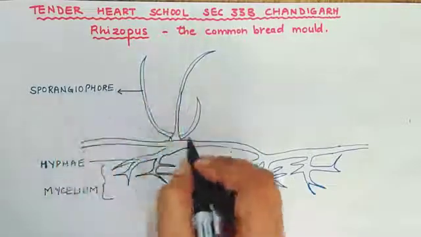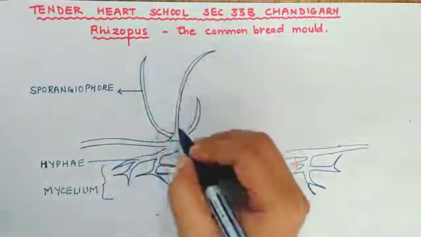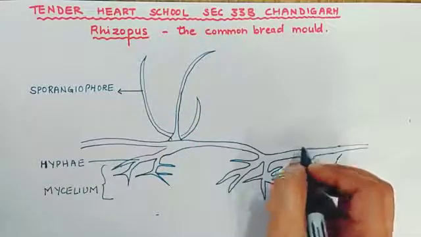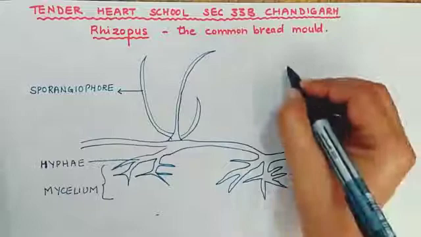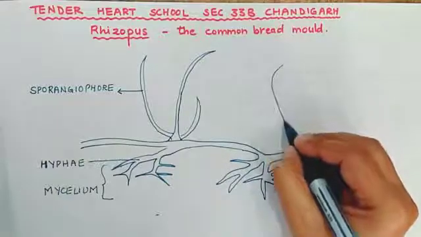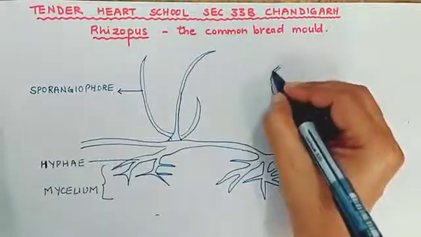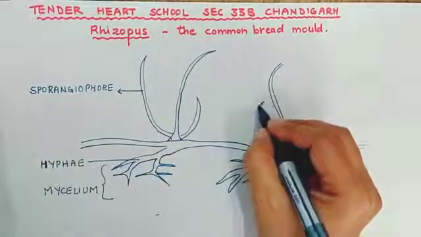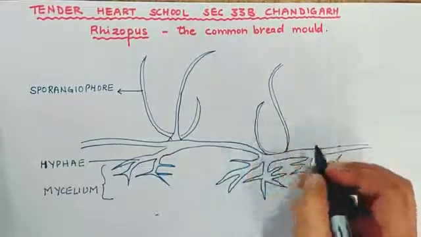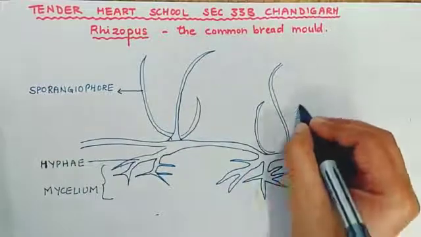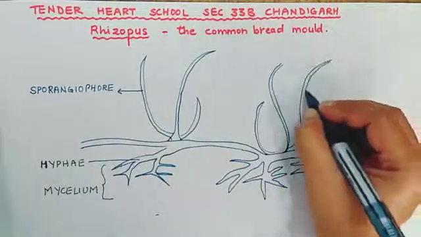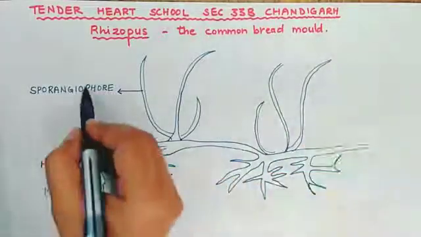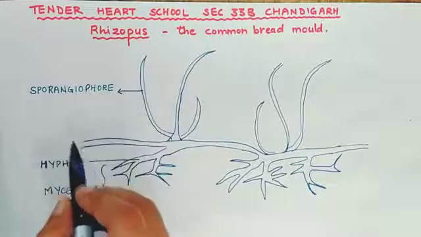Similarly, here you can draw some of the hyphae which are growing in the upward direction. So all these hyphae which are growing in the upward direction are called the sporangiophores, right?